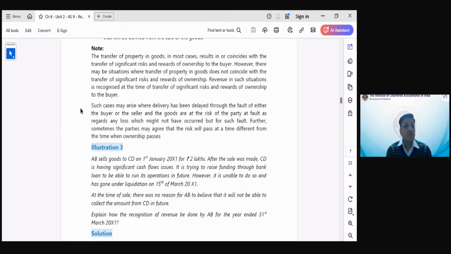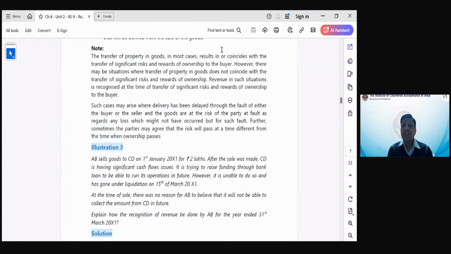AB sells goods to CD on 1st January X1 for 2 lakhs. After the sale was made, CD is having significant cash flow issues. Now, please remember, in this case, the fact pattern has changed slightly.